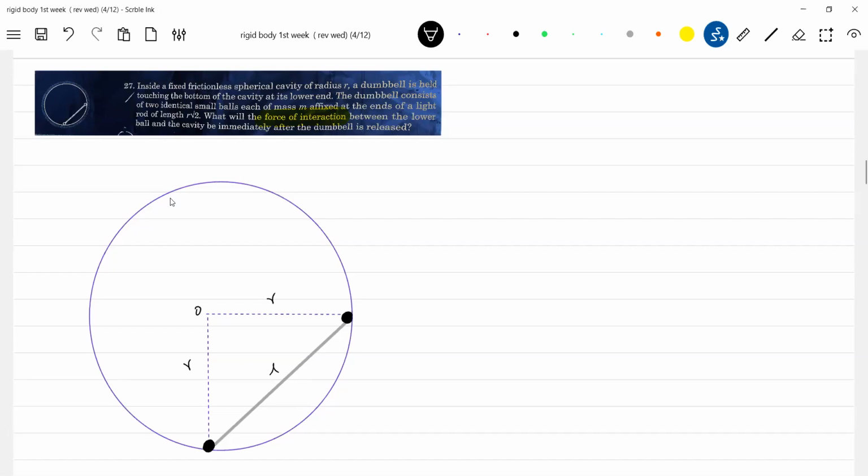How will the various forces be acting? Rather than saying tension, let me take that force. This will be the mg. Why do we have to show the force like this? Because it's a rod, it will be pushing this particular ball. Similarly, this rod will be pushing this particular ball, and that push by the rod on the ball will be in this direction.